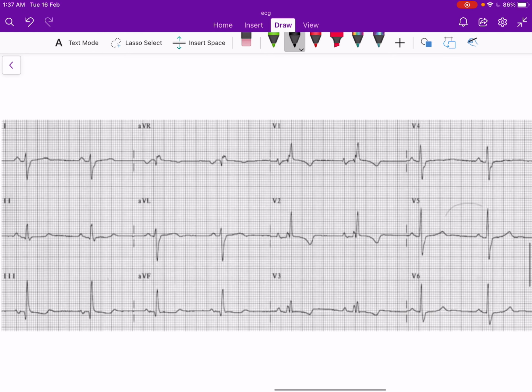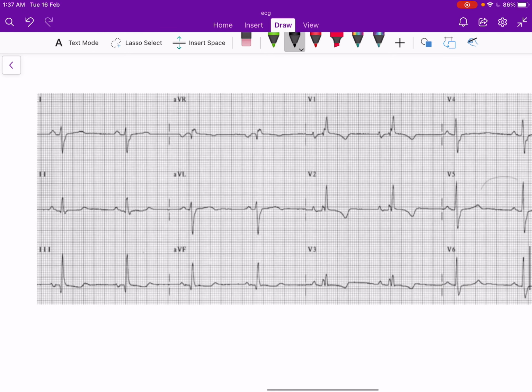Now if we see this ECG, focus on lead AVL and lead AVF.